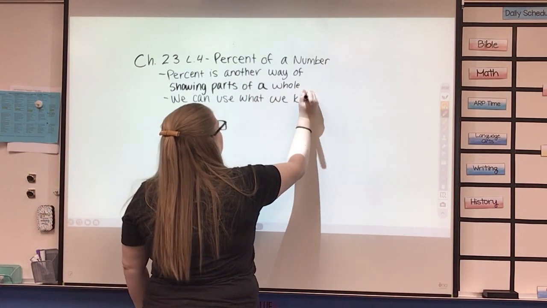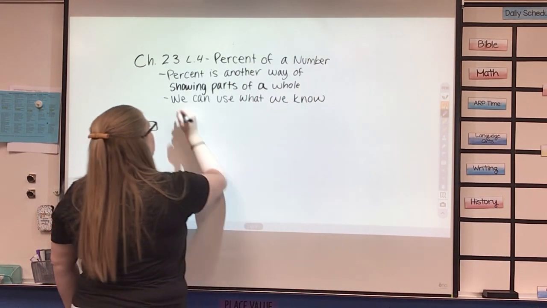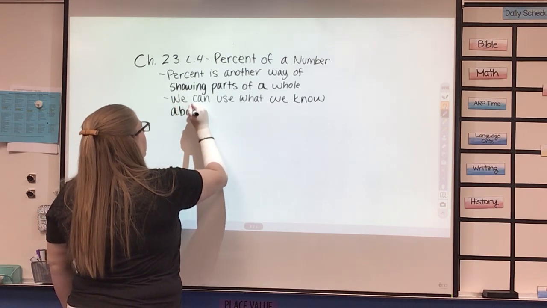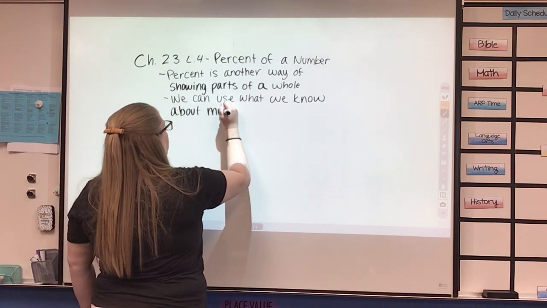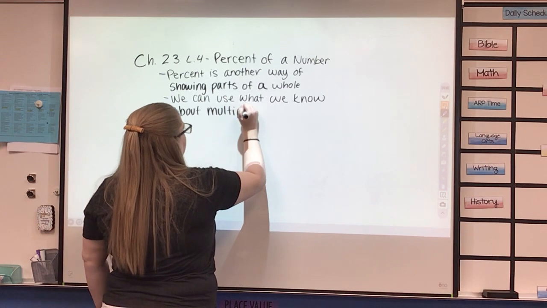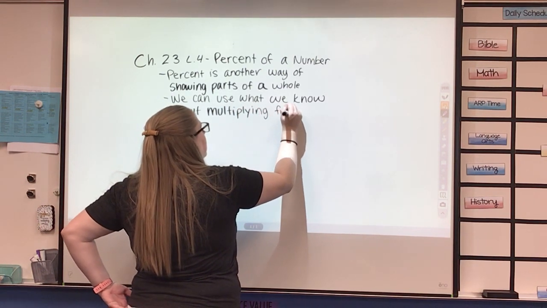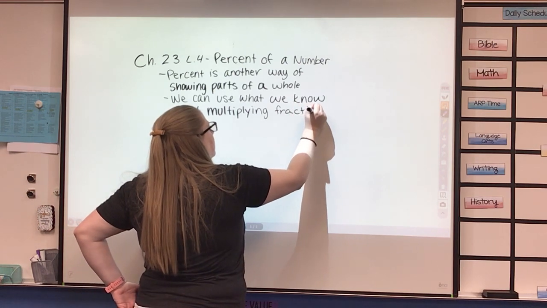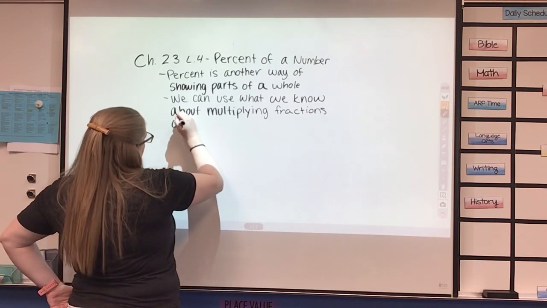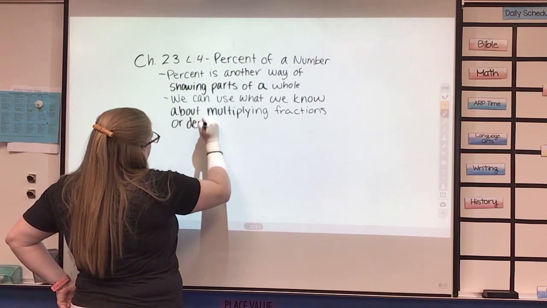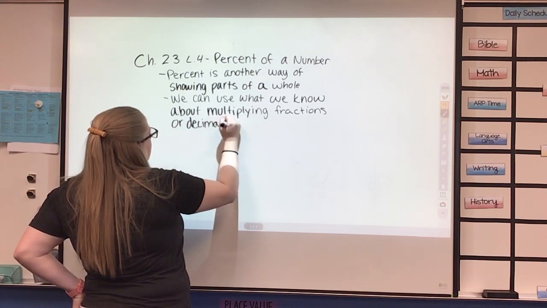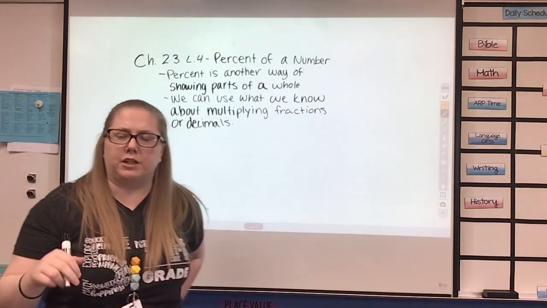multiplying fractions or decimals. So I'm not multiplying a fraction times a decimal.